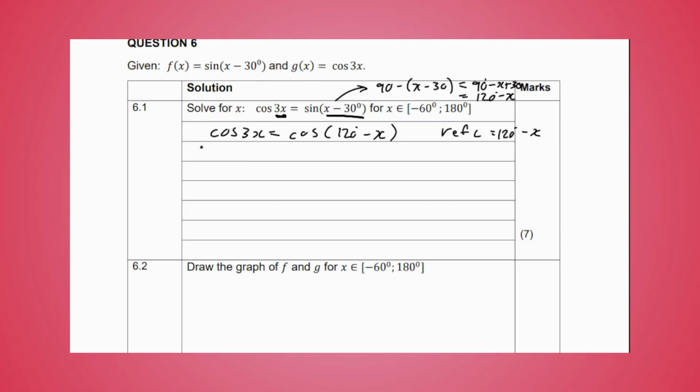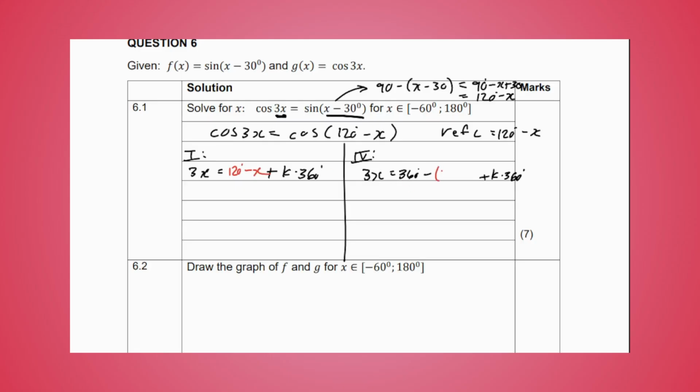Okay, cos is positive in quadrant 1 and quadrant 4. So 3x is equal to the reference angle plus 360k, and in quadrant 4 it will also be 3x equal to 360 minus your reference angle plus 360k. The reference angle was 120 minus x.